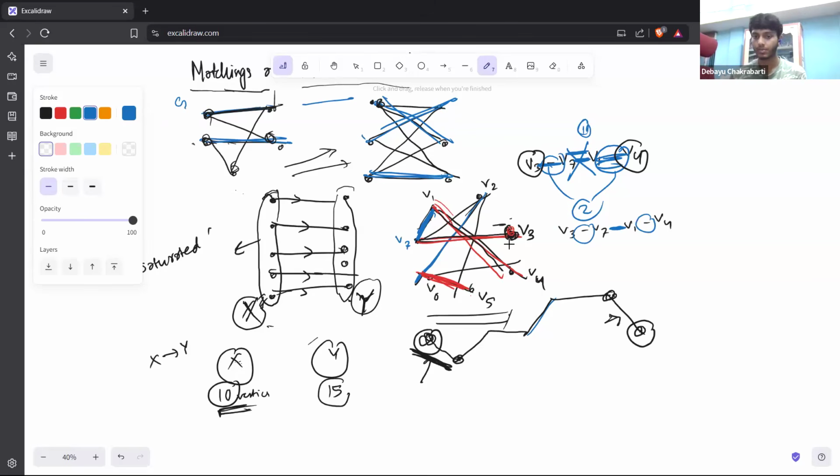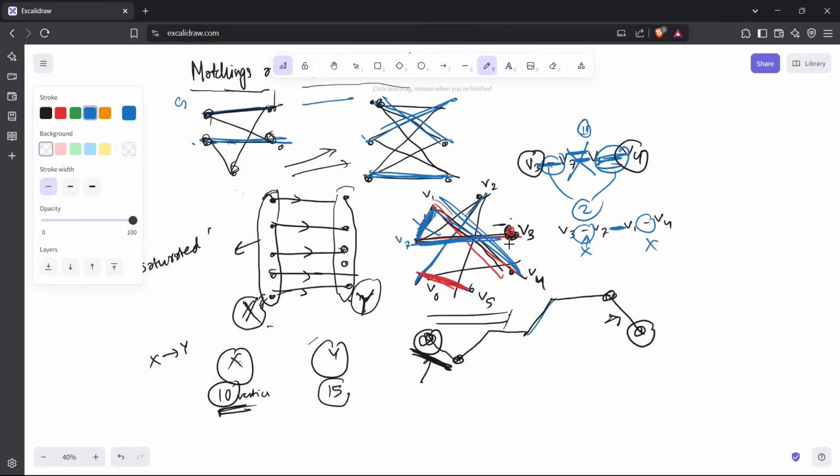These are two separate matchings. So technically, these two are not colored. But what you could do is, instead of considering this edge, you could just remove this blue edge and consider V3, V7 as the blue edge and V1, V4 as the blue edge, and you would have a larger matching, right? Yeah, so it improves the matching.